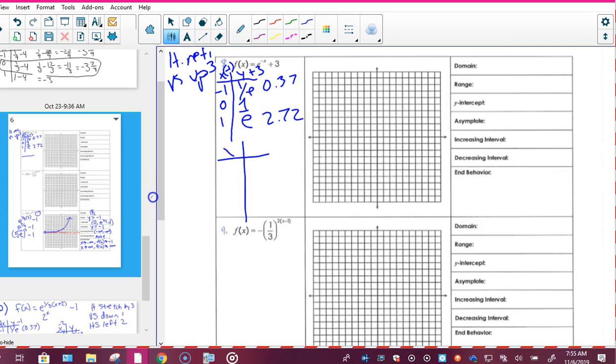So our new table will be 1, 0, -1, and 3.37, 4, and 5.72. And then we can graph those points. Here we had a vertical shift, so that is still our asymptote, y equals 3.